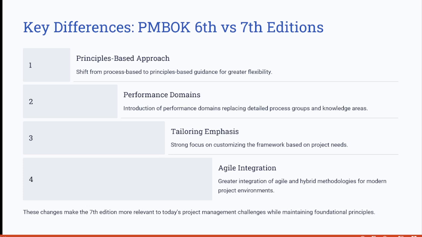Another key difference is the introduction of performance domains in the seventh edition, replacing the detailed process groups and knowledge areas that were the focus of the sixth edition. The performance domains emphasize the outcome rather than specific processes, which aligns with modern project management needs. Additionally, the seventh edition places a strong emphasis on the tailoring approach.